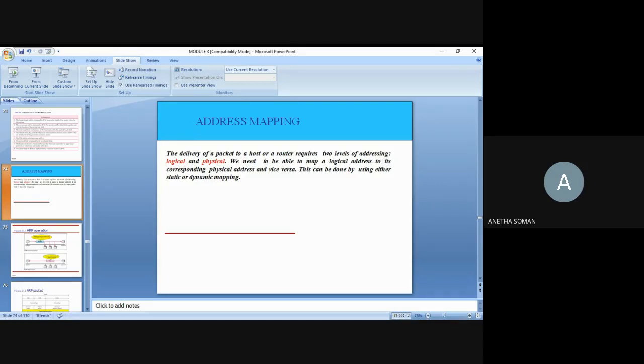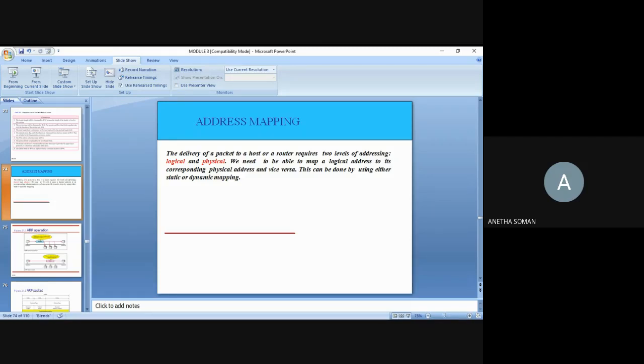Now suppose your computer wants to send some data to the target computer. Both computers will be connected through a switch via an Ethernet cable. Just imagine you have a source computer and a destination computer, connected through a switch and an Ethernet cable.